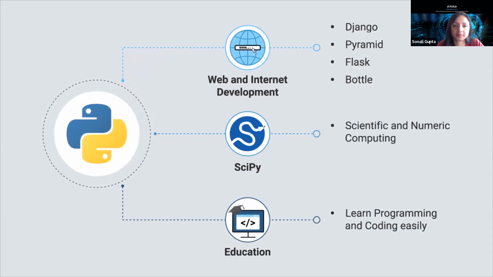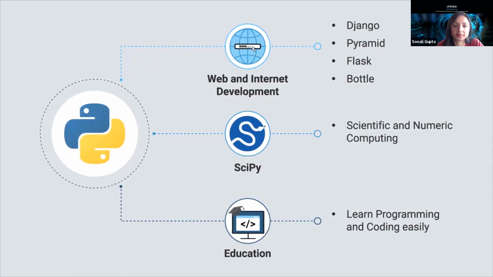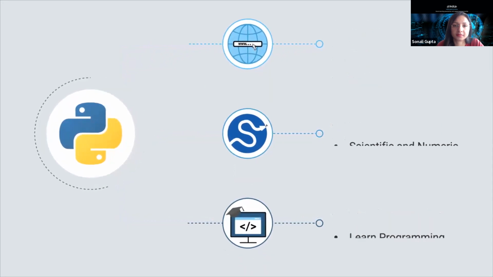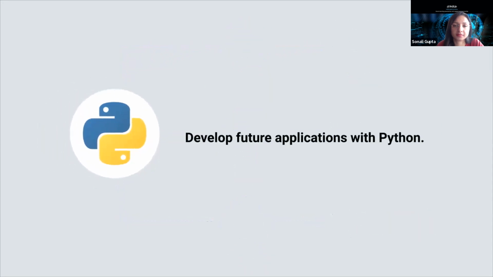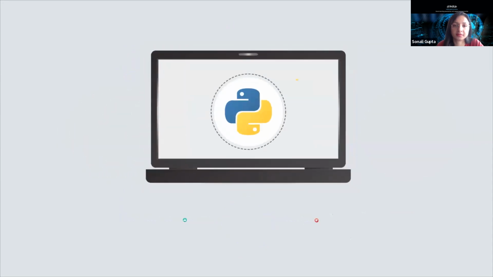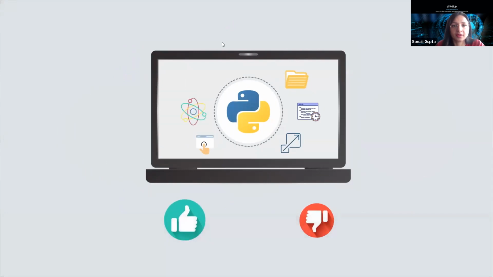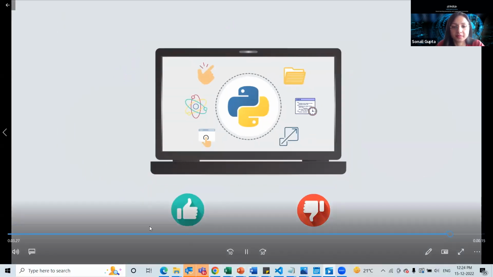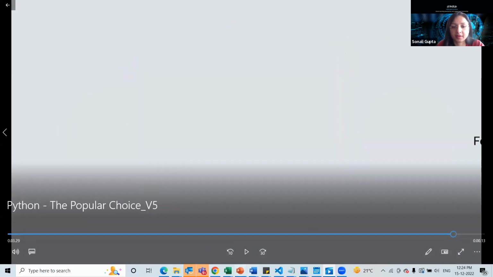Python is also used for developing large-scale ERPs and e-commerce systems. So next time, when you think of developing an application rapidly, do consider Python. If you like this video, give it a thumbs up. We would love to hear from you more on this one.